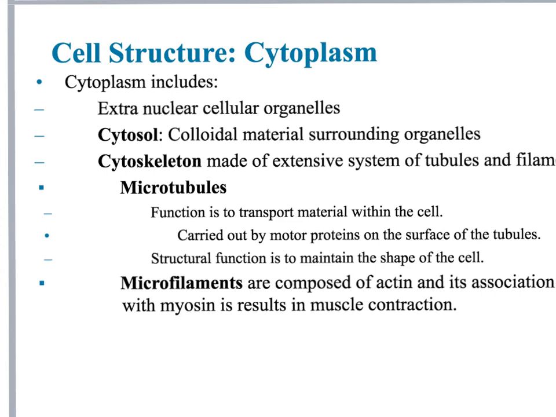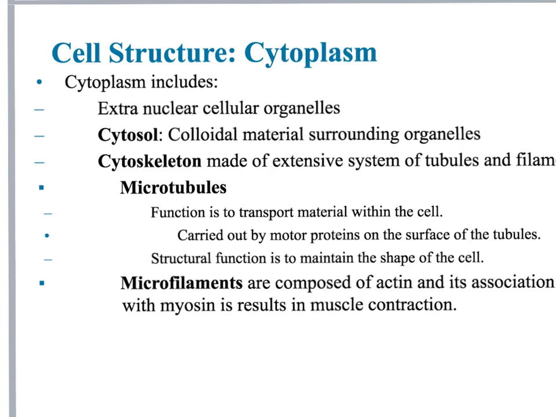So the cytoskeleton is a system of tubules and filaments that give a structural function to maintain the shape of the cell, and it also has functions for transporting material within the cell. And that transport is carried out by motor proteins on the surface of the tubules that provide the structure.